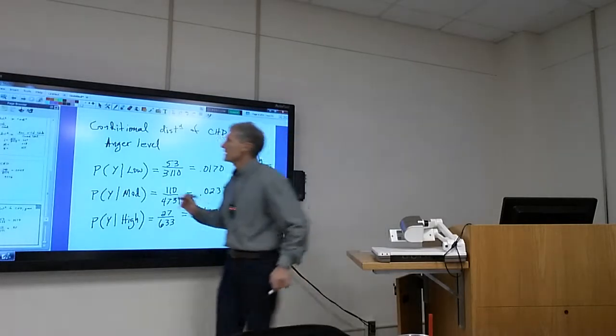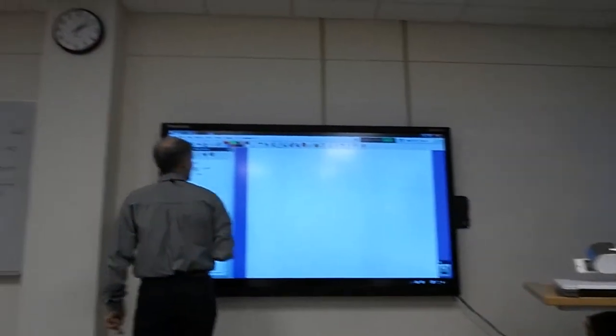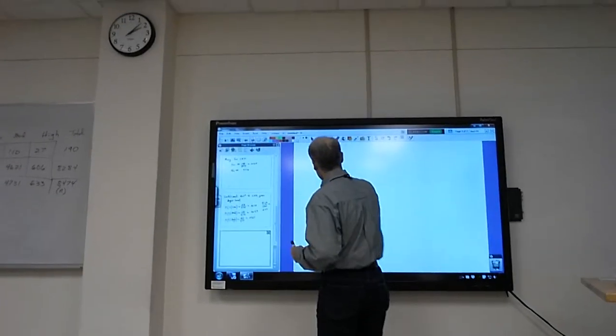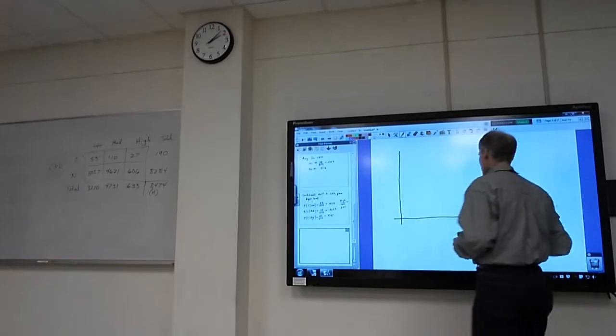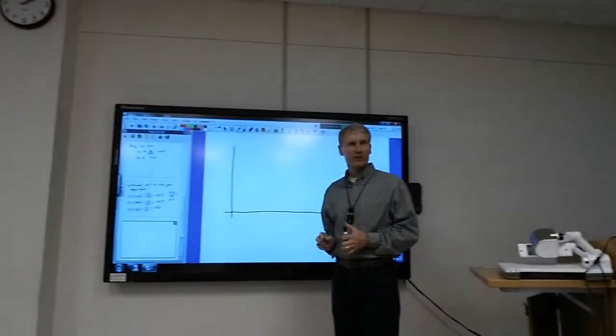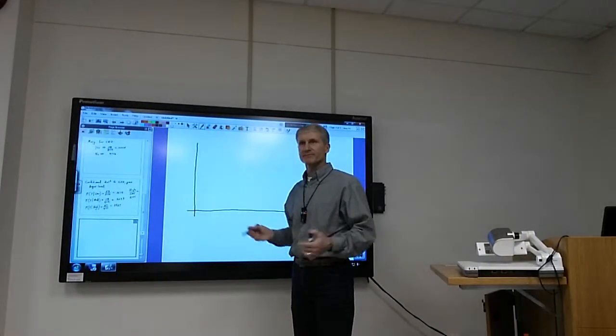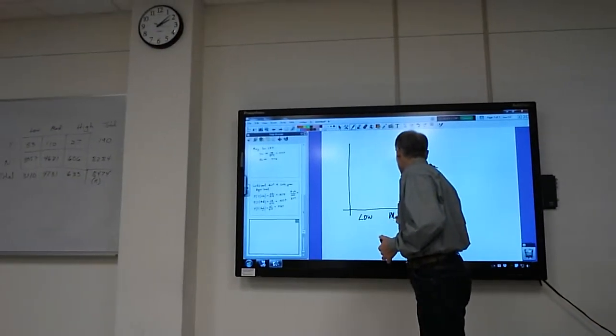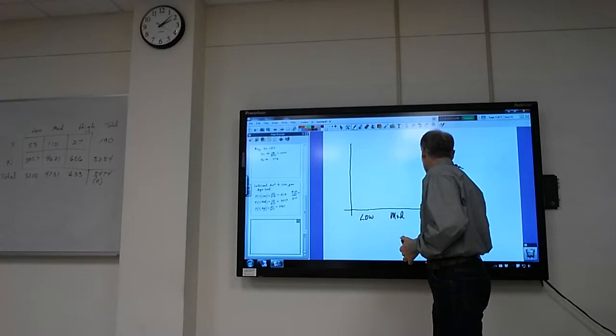Let me get a blank page here. Sometimes looking at the numbers isn't enough for me. A picture's worth 1,000 words. So we do what's called a side-by-side bar graph. Right? So I'll go low, moderate, and high.